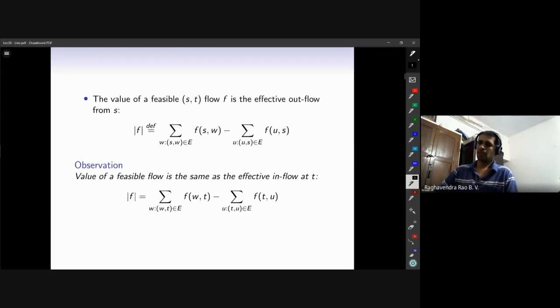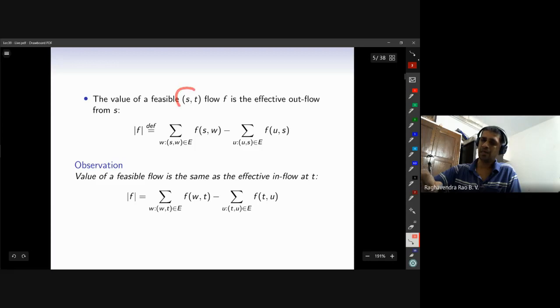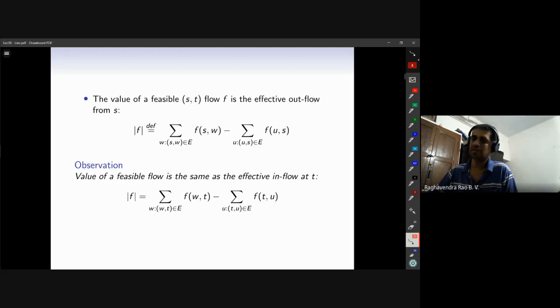So we gave a definition for the value of a feasible flow. If F is a feasible flow, a feasible ST flow. Now onwards I will not really speak about S and T. It's understood that whenever I talk about a flow, there is a source and a terminal, so the flow will always be termed an ST flow.